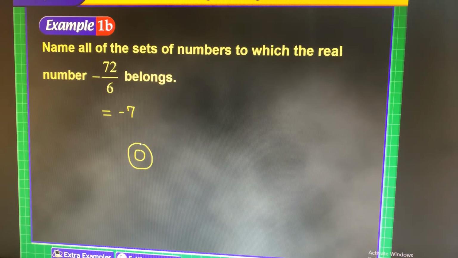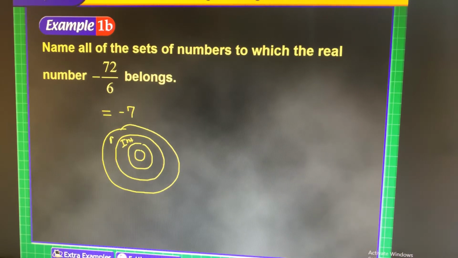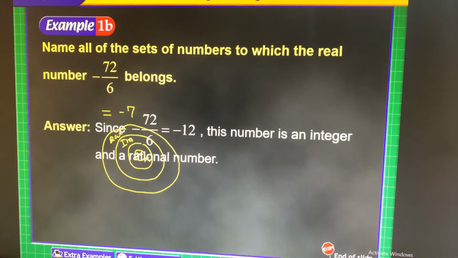No, whole numbers are not negatives. It's an integer. And if you say it's an integer, you want to keep going out and say it's also rational. Okay? So it's not natural, it's not whole, but it is an integer and it is rational.